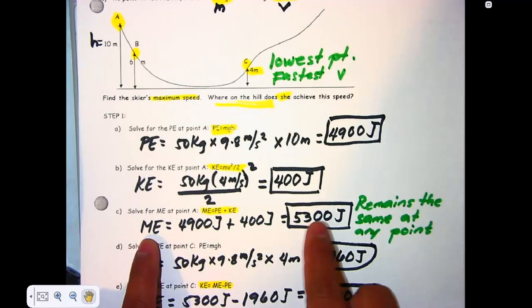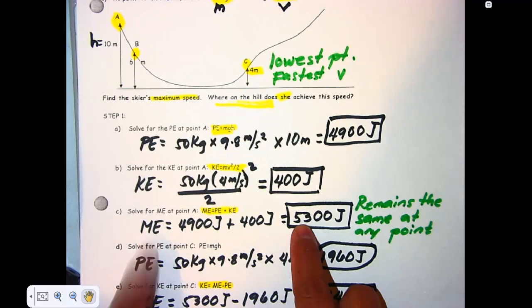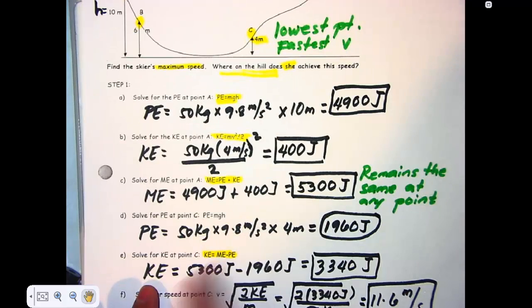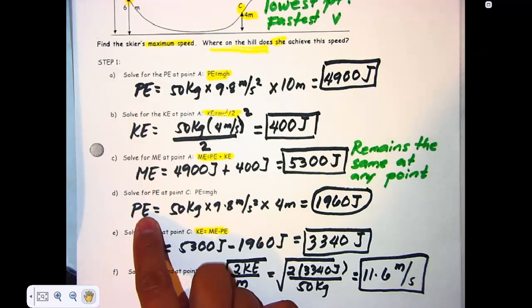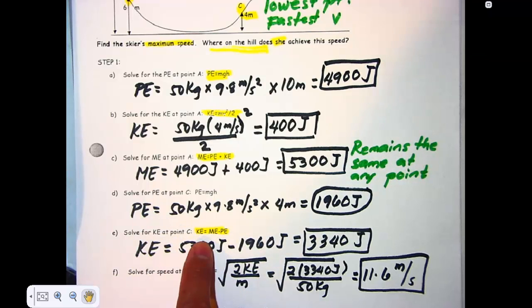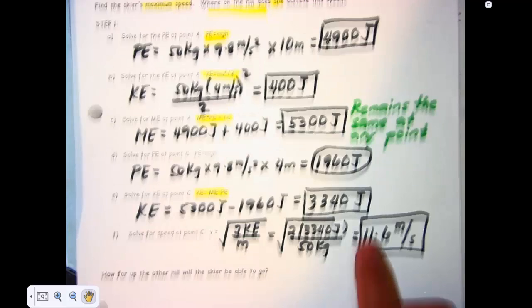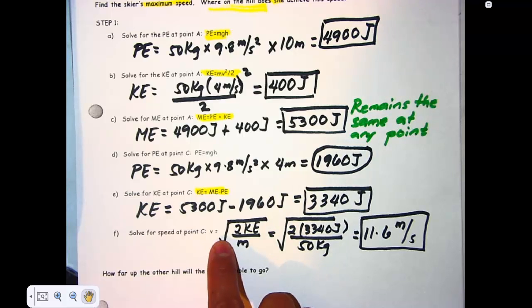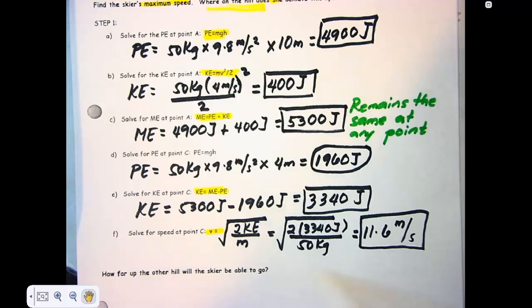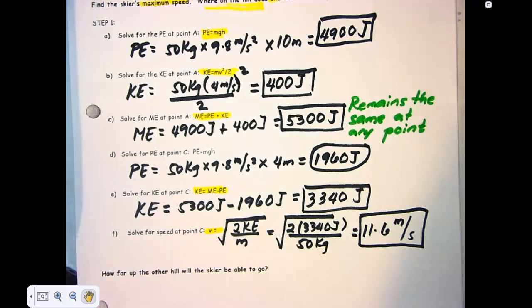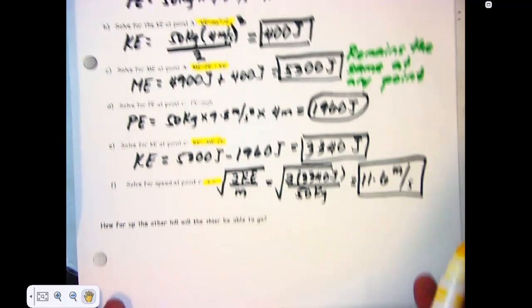Right after you get the mechanical energy, you will use that to get the kinetic energy at any point on the track, provided you already know your potential energy, because kinetic is mechanical minus potential. And right after you get your kinetic energy, you can go ahead and use that to solve for your V, which is square root of 2KE over M. Same process as what you did on your roller coaster.